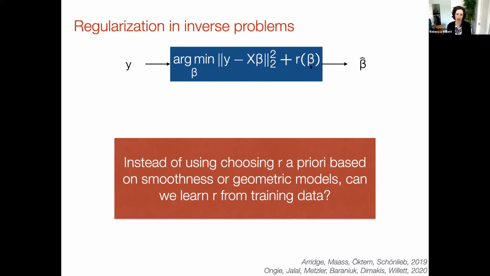And the question is, if we don't know ahead of time what a good regularization function is, but we have at our disposal a large collection of training images that all represent the kind of geometric or other kinds of properties of the images that we want to reconstruct, can we use that to learn a good regularization function and produce good estimates beta hat?